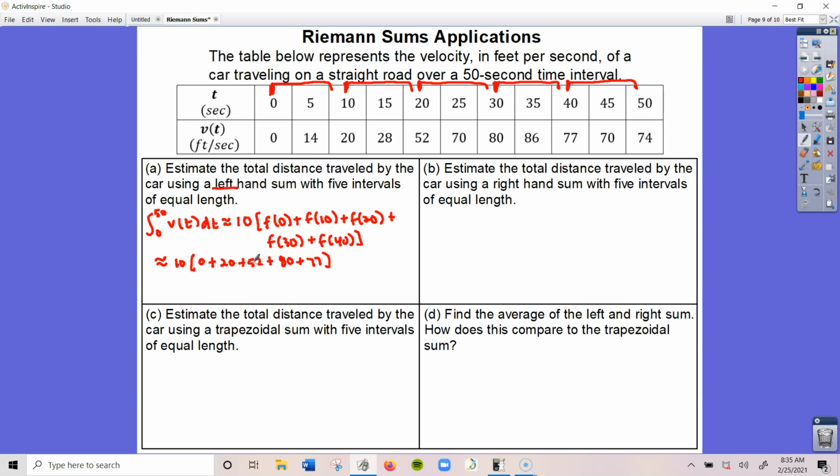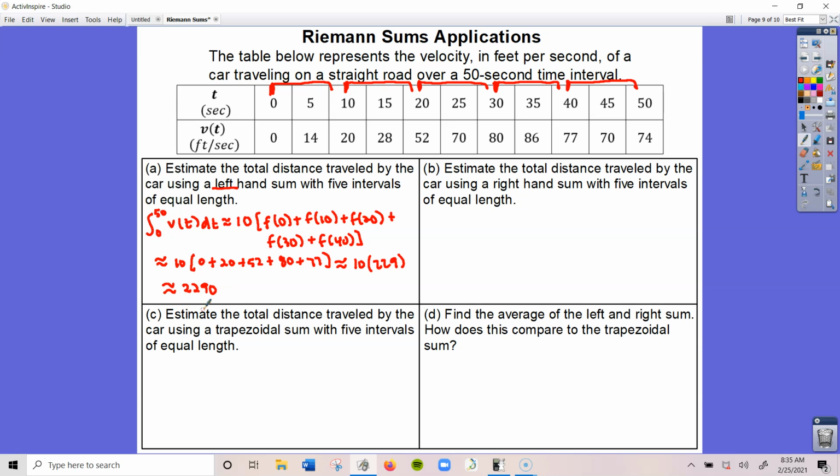If you were to add all of these numbers together, we would get 10 times 229. And 10 times 229 is 2,290.